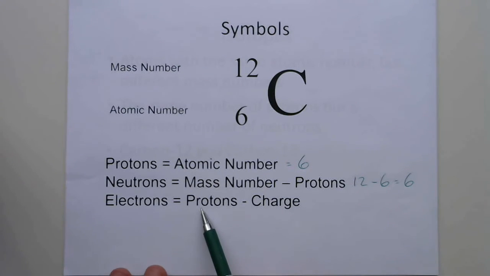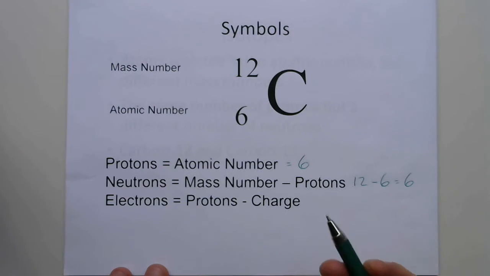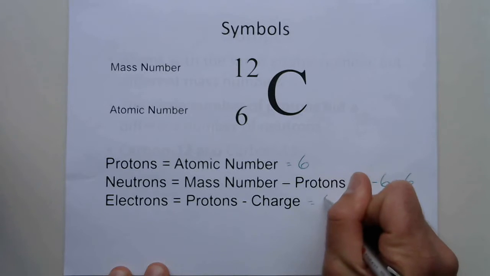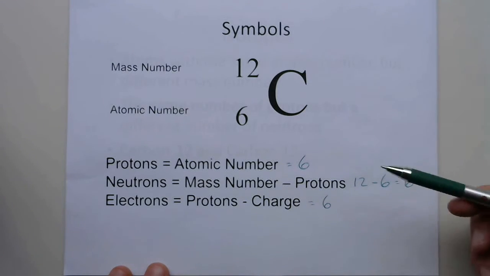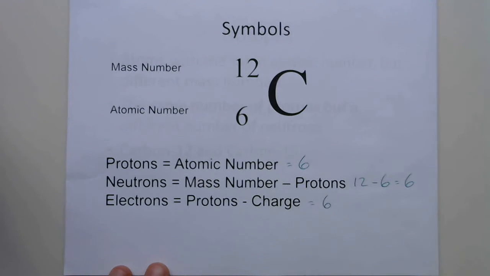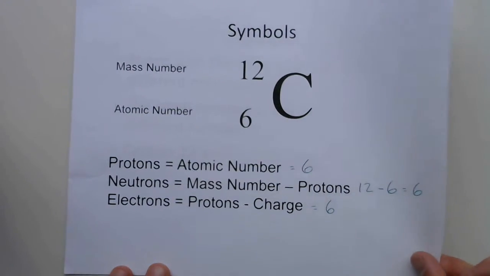And then electrons are going to be equal to the number of protons in a neutral atom. In a few minutes, we'll see ions that have a charge, and you'll subtract the charge if it does have one. But in this case, it's just electrons equal to protons because it's a neutral atom without a charge, so we have 6 electrons as well. So protons and electrons will be equal in a neutral atom.